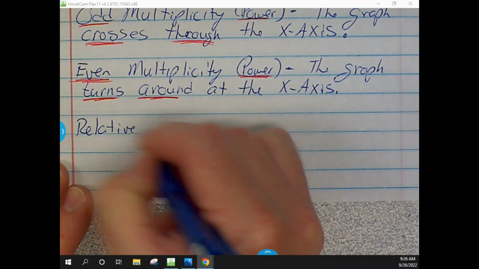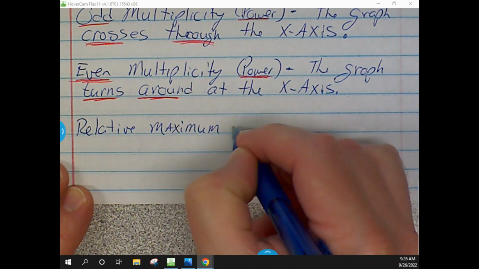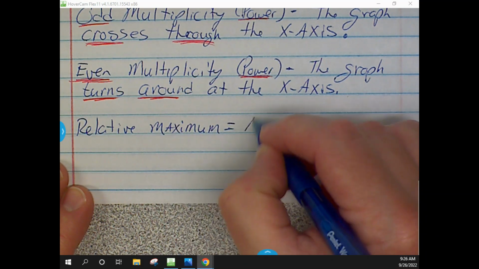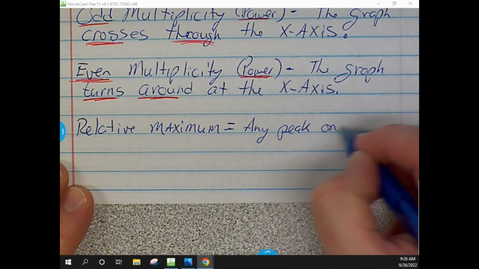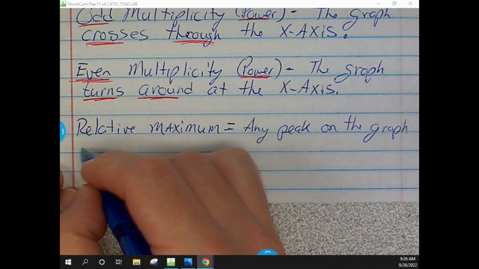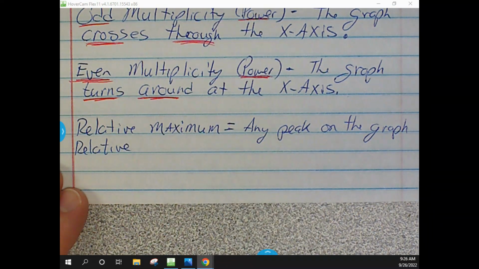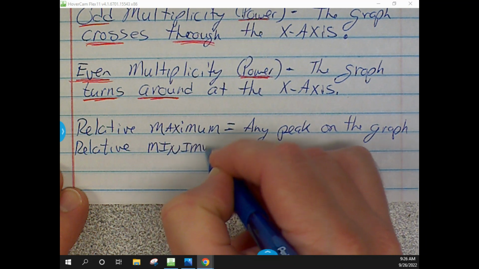So a relative maximum, that's going to be any peak on the graph. And then same thing for relative minimum, that's any low point on the graph, any trough, any depression, whatever we want to call it there.